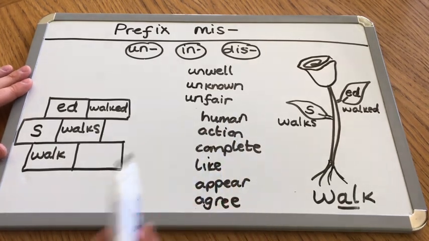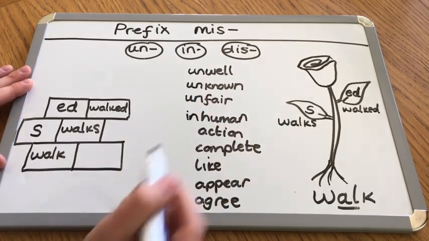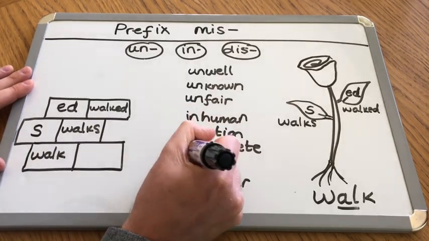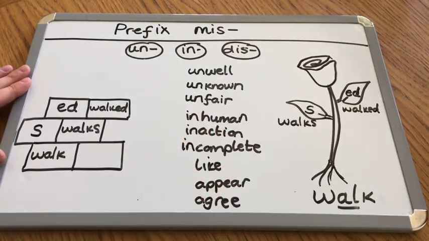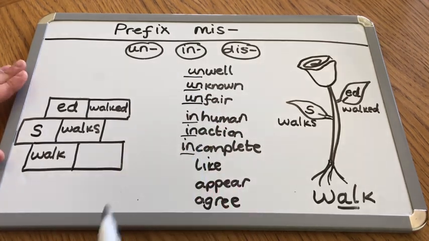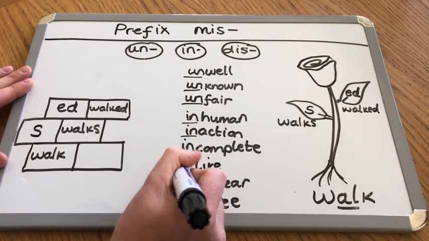These three use a different prefix. Can you remember which one it is? It's the in prefix. Inhuman, inaction, incomplete. So these prefixes are changing the root words to the meaning not that thing or the opposite of that thing. Like, appear, and agree are going to become the negative form using dis.